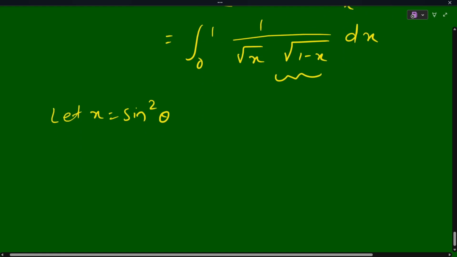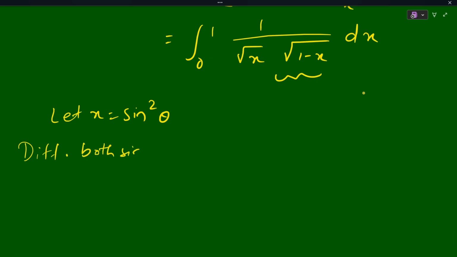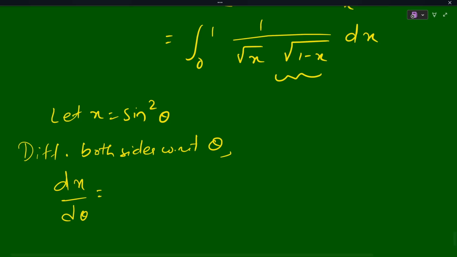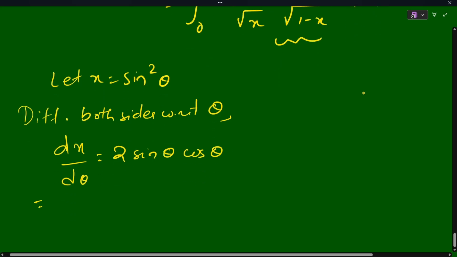So x is sine square theta, then we will differentiate both sides with respect to theta. This is dx by d theta, and I'm writing this directly as we have already solved this in the transformation part. Okay, so this is 2 sine theta cos theta, so now this dx is 2 sine theta into cos theta d theta.